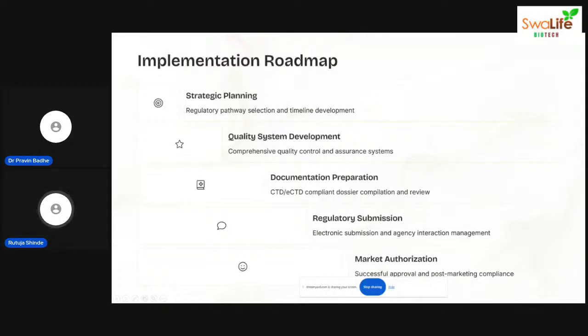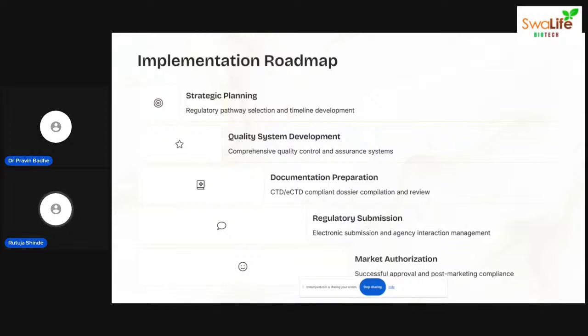This is the implementation roadmap to put all of this into practice. Organizations need a clear roadmap that begins with strategic planning, regulatory pathway selection, and timeline development. Then quality system development: a comprehensive quality control and assurance system.